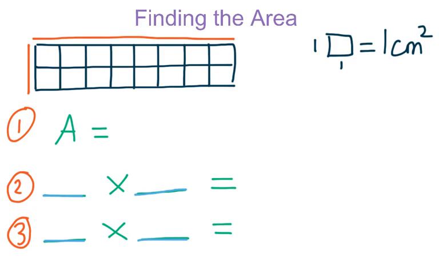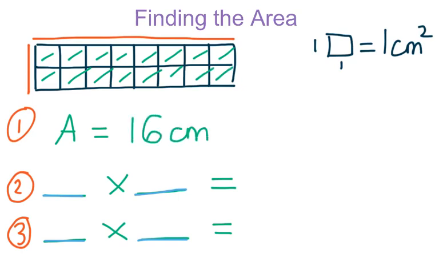Okay, so I'm going to begin by just counting how many centimetre squares we have in this rectangle. So we have 1, 2, 3, 4, 5, 6, 7, 8, 9, 10, 11, 12, 13, 14, 15, 16. So the area, there are 16 centimetre squares in there. So the area is 16 centimetres squared.